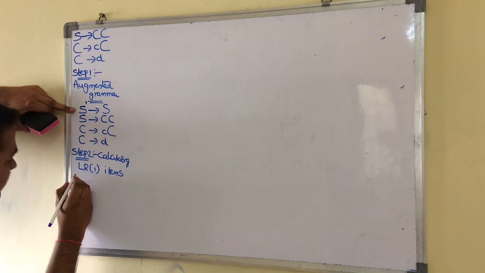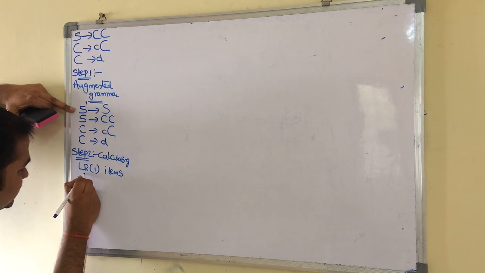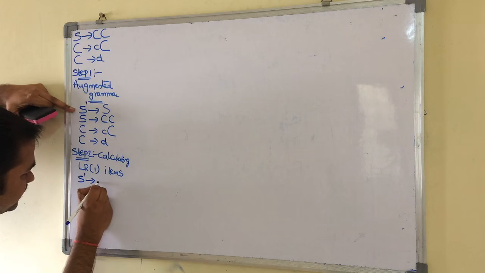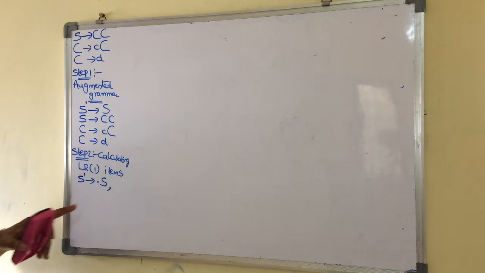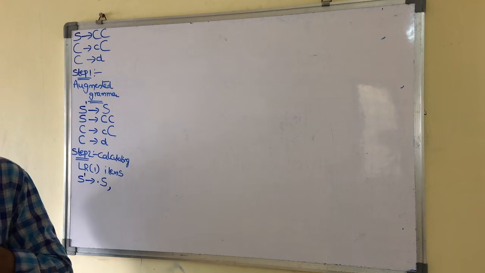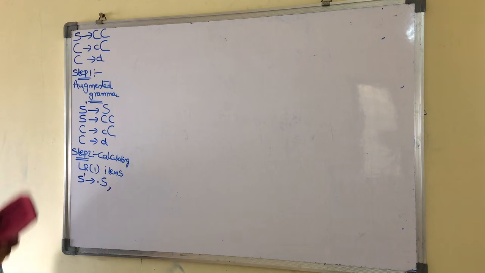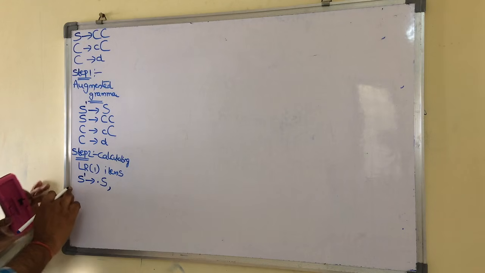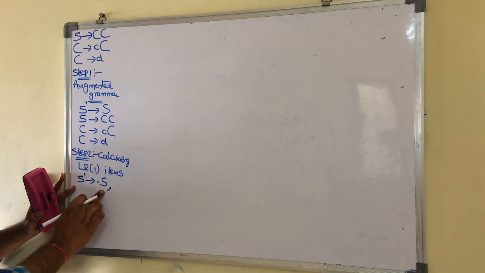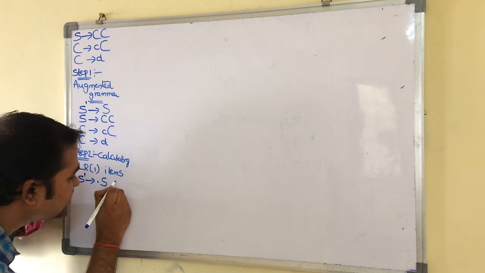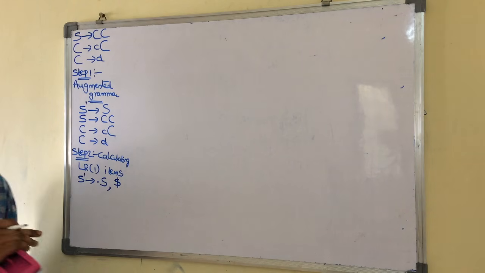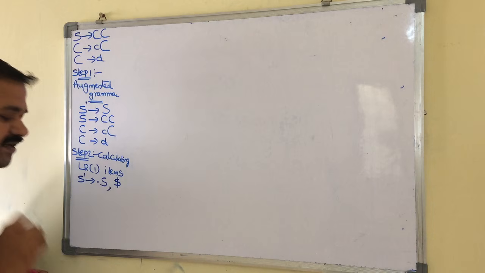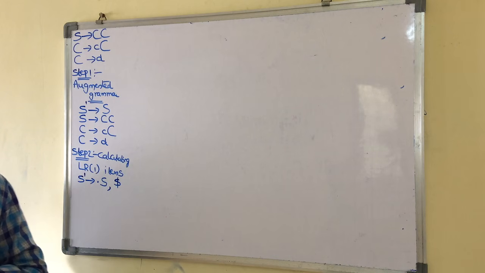So the first production can be written as S dash produces dot S, comma. This is an item, so the dot should be at the beginning of the right side. Here we need to add the look ahead symbol, then only we will get an LR(1) item. For the augmented production, the initial production, the look ahead symbol is the dollar symbol.